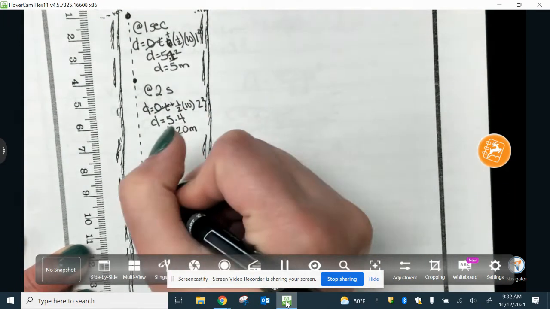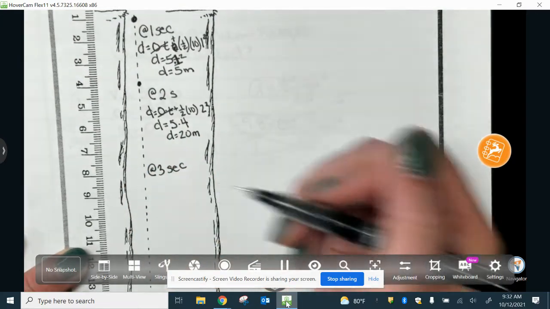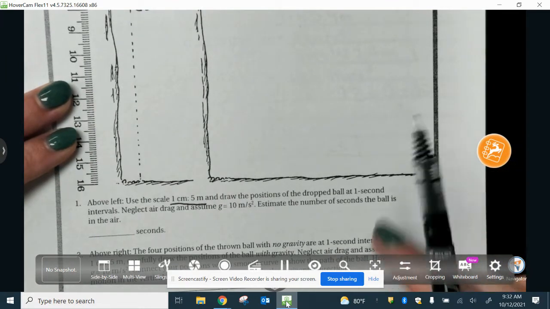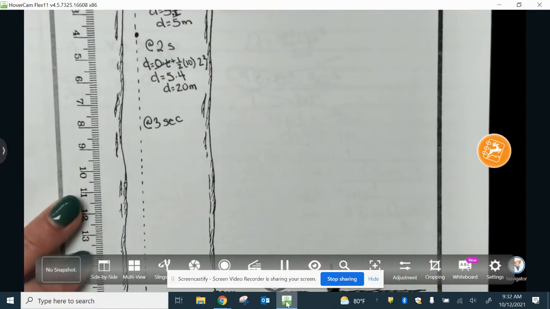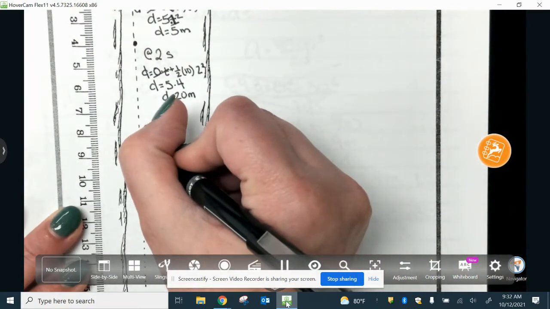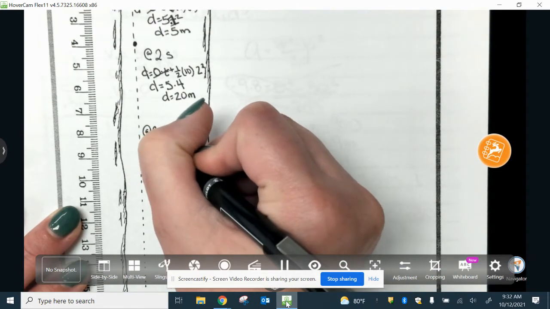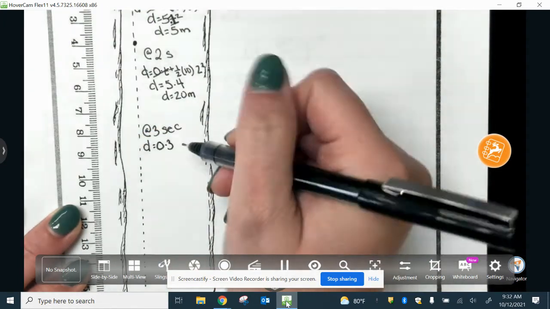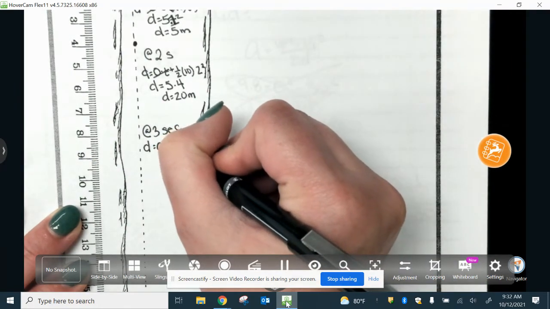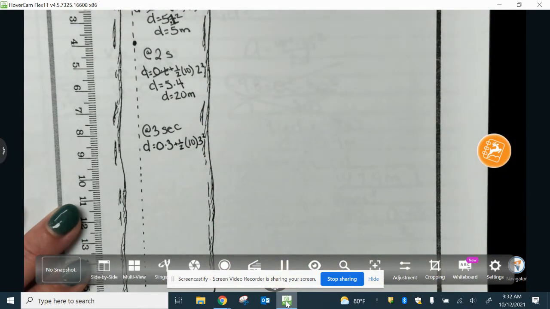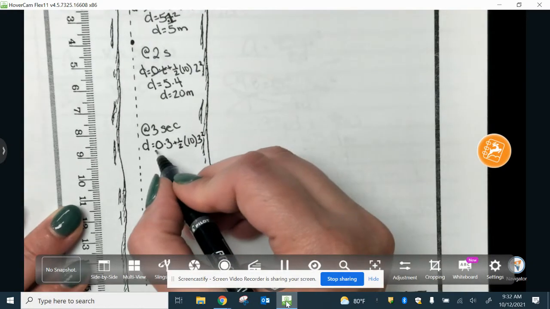At 3 seconds. Oh, I'm using the scale that it talks about down here. It says 1 centimeter is equal to 5 meters. So at 3 seconds, distance is equal to 0 times time, which is 3, plus 1/2 times 10 times 3 squared. 0 times 3 is 0.